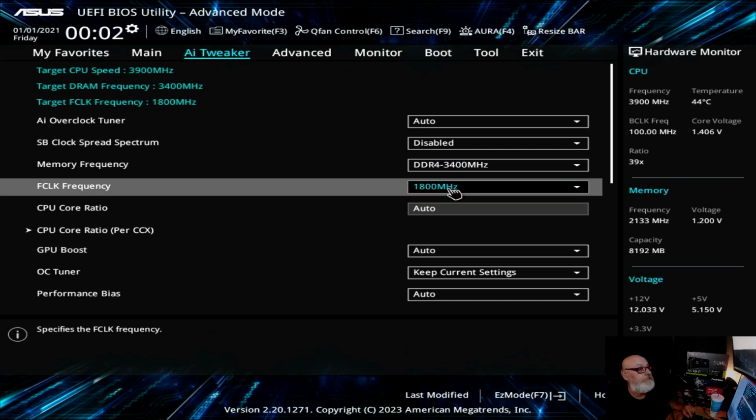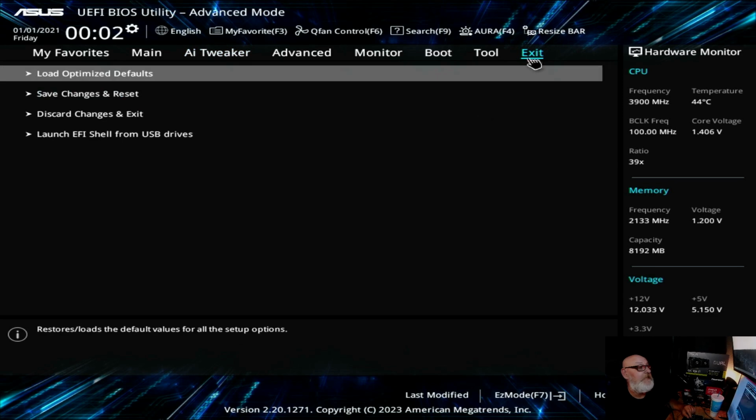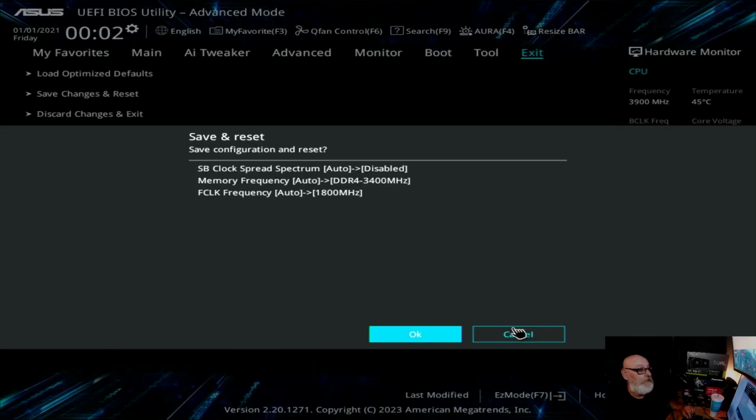Now, what we can do is we can go and exit and save changes and reset. I'm saying this for a reason. Because when you're messing with your memory, you want to do it in little increments at a time. You don't want to do it all at one time.